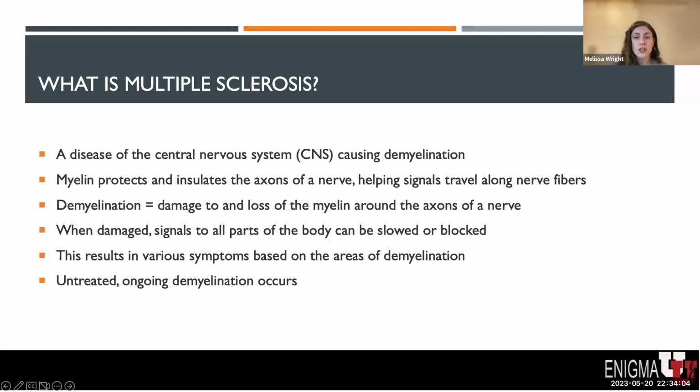When demyelination occurs, these signals that go to different parts of the body are blocked or slowed. This results in various neurologic symptoms based on the areas of demyelination in the central nervous system. When this is left untreated, multiple sclerosis will result in ongoing episodes of demyelination, causing neurologic disability.